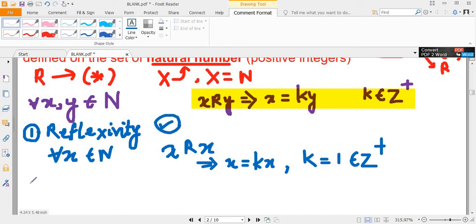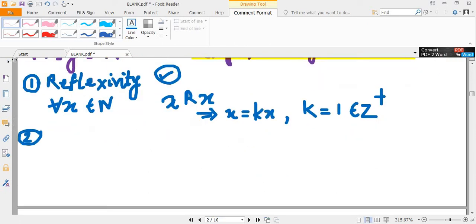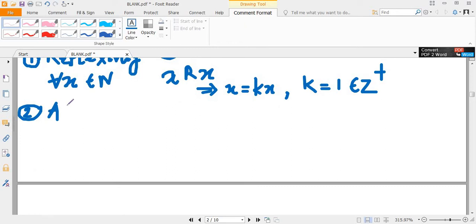Let us take the next property. The next property that we had discussed is the property of anti-symmetry. Let me just write it in short.